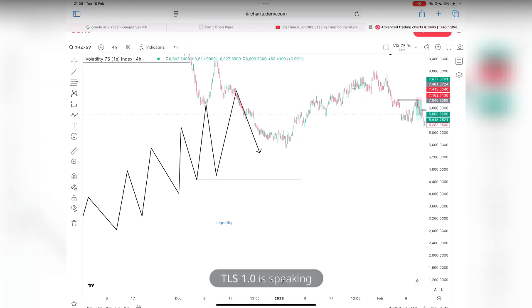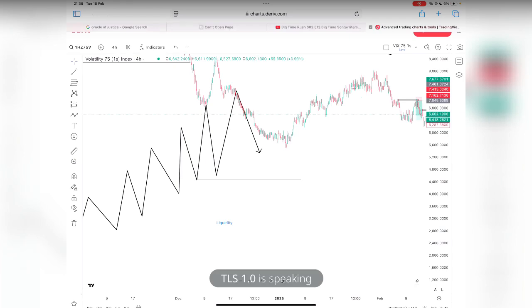Now, if price takes out the change of character in the higher time frame order flow, the other guys also turn to liquidity, but there is a name for that liquidity, which we will get to later.